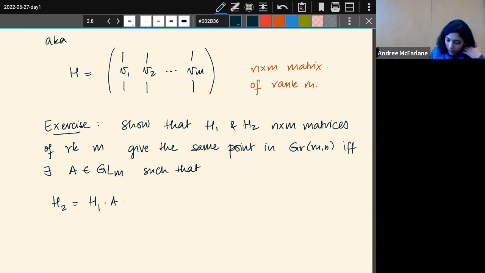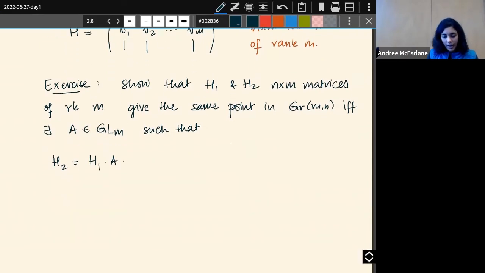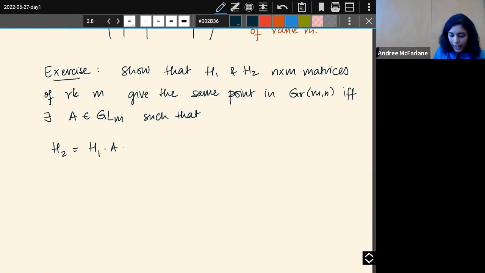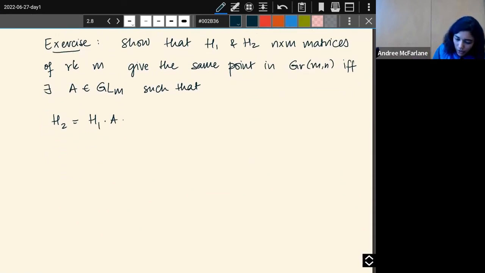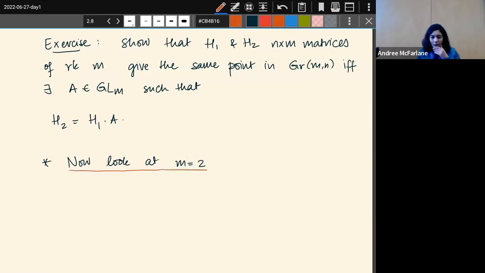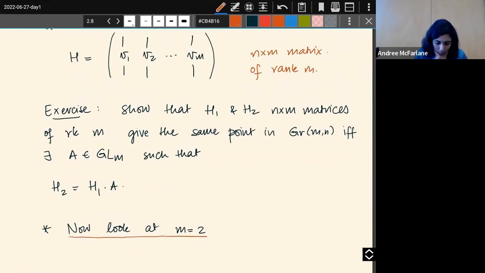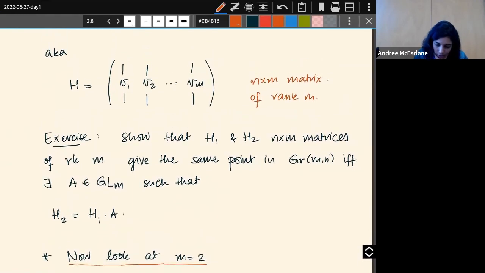Okay, and so just for convenience, since I'm only going to be looking at GR 2 n for the rest of the story, let me move to that case. So let me make m equals 2. Okay, it doesn't matter, but just for convenience. So if you have an n by m matrix of rank m, what does that mean?